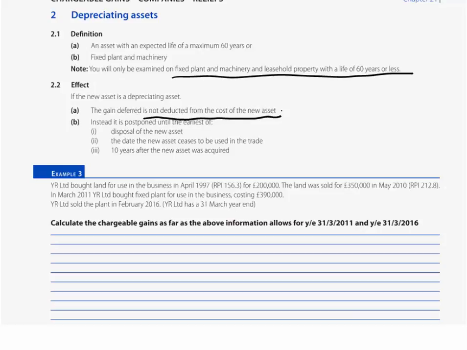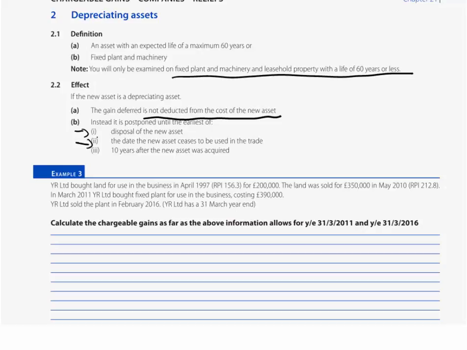Instead, it is deferred until the earliest of, well, one obvious one, the disposal of that new asset, be it the fixed plant and machinery, be it the short leasehold, shall we call it, the leasehold property with no more than 60 years of lease left in it. Disposal. Or the cessation of the trading use of that asset. So if you stop using it in the trade, that would cause the deferred gain to crystallise.